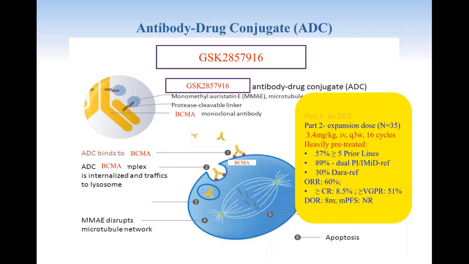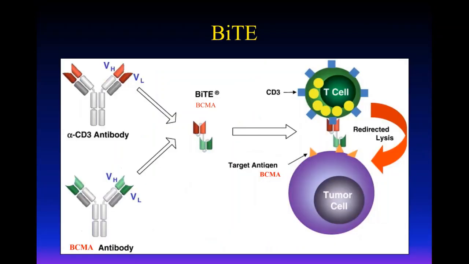And then the next one to come along will be bispecific T-cell engagers. Basically, it is a bispecific antibody that targets CD3 on the T cells, and also targets a tumor antigen on the tumor cells. In this particular instance, it is BCMA on the myeloma cells. The whole point is that they will bring a cytotoxic T lymphocyte into proximity with the myeloma plasma cell because it expresses BCMA.